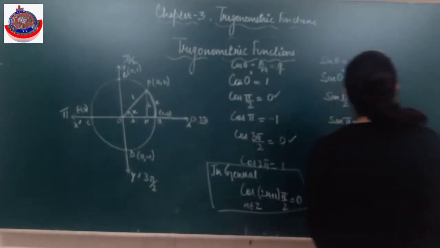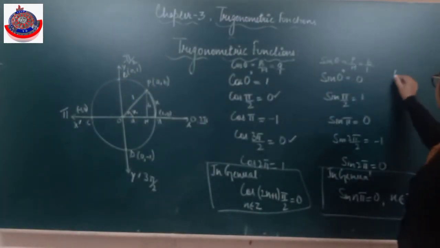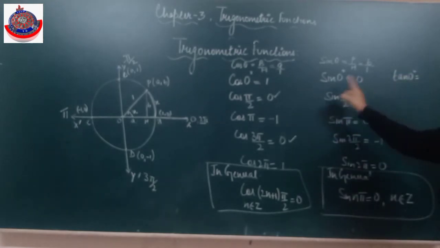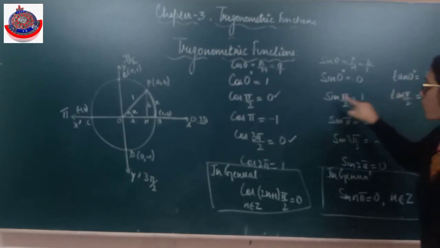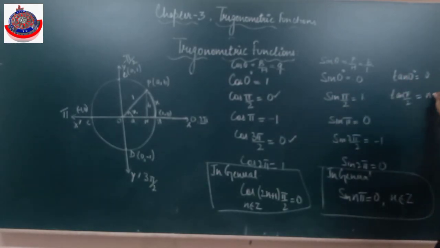If I want to write tan here, what is tan 0? Sine upon cos, 0 by 1, 0. What is tan π/2? 1 by 0, not defined, that means infinity. What is tan π? 0 by minus 1, that is 0.